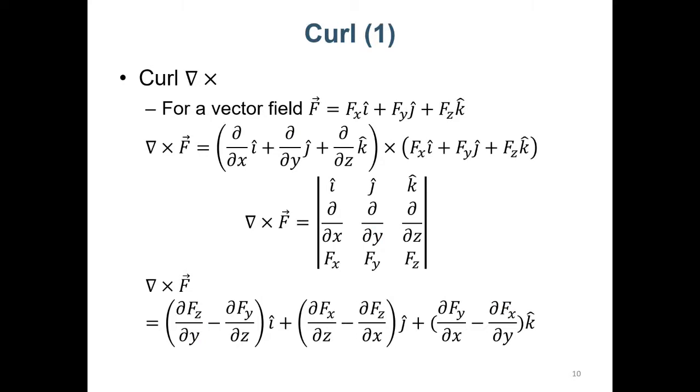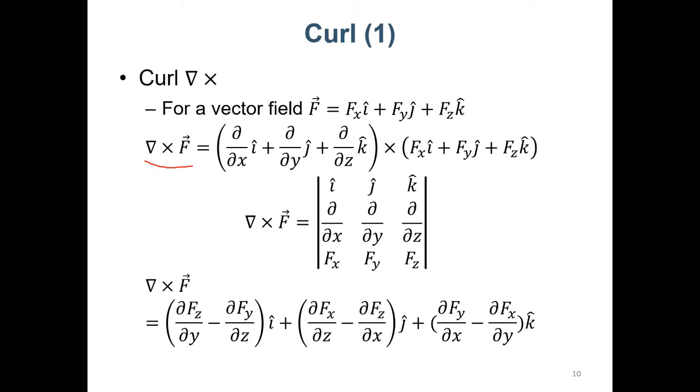Okay, and the next one is the curl. Curl is a little bit more complicated. We have a similar definition for f, which is fx i plus fy j plus fz k. And actually, curl is a cross product between the gradient and the vector field.